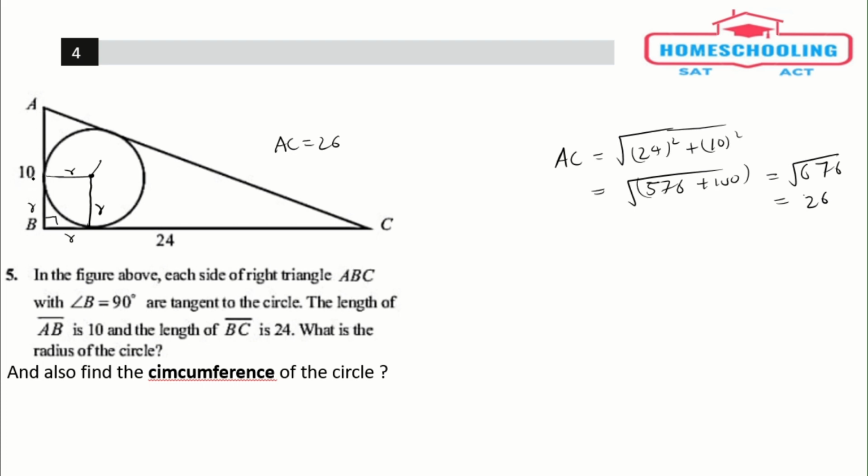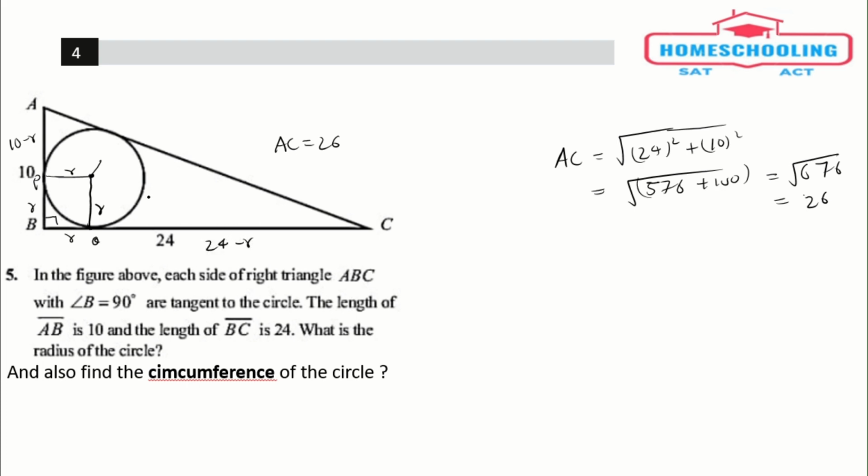Let's take these two as points P and Q. We know that PB is r and the whole length AB is 10, so AP would be 10 minus r. Similarly, the whole length BC is 24 and BQ is r, so QC would be 24 minus r.